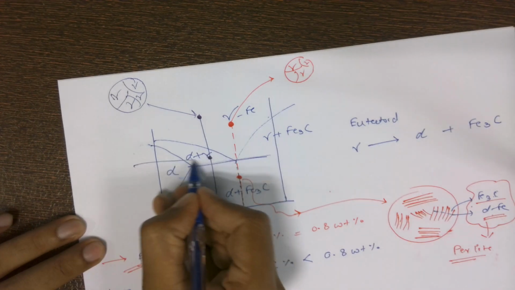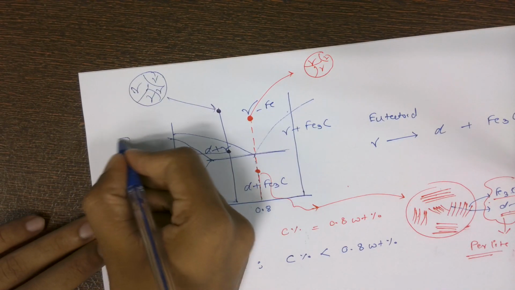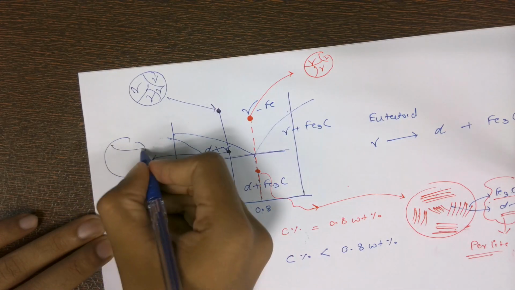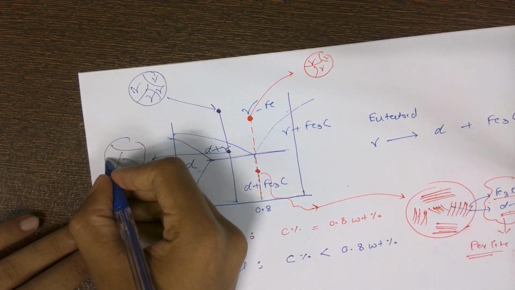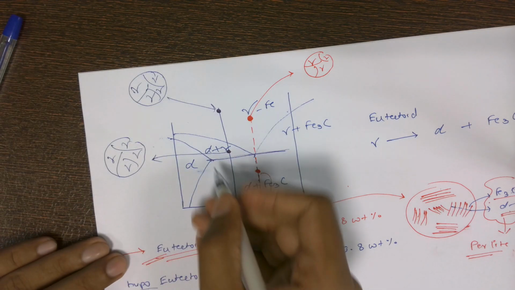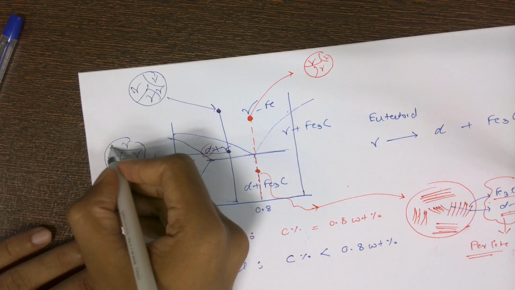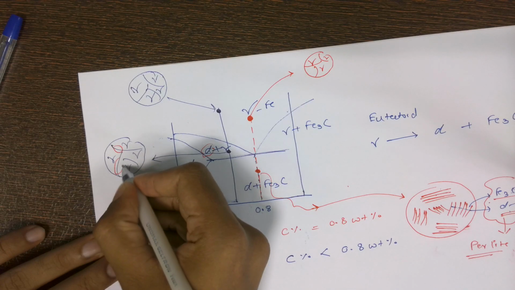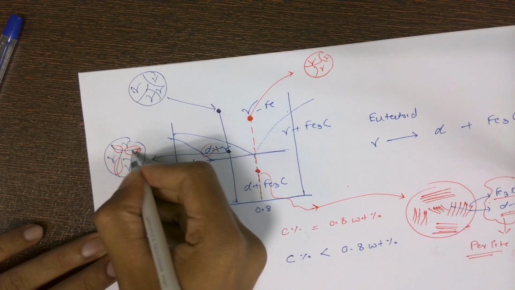So what is the microstructure at this particular point? The gamma was there. Let's draw the gamma. Everywhere gamma is there, it is austenite. Now at the grain boundary, the alpha will also start to form. So this is alpha. Okay.